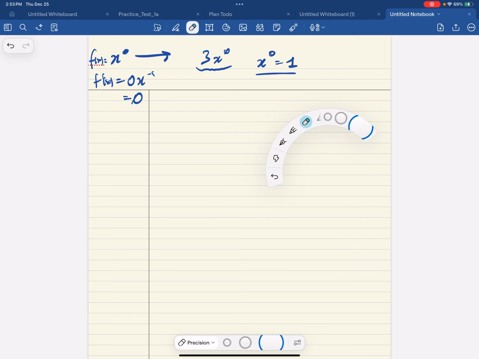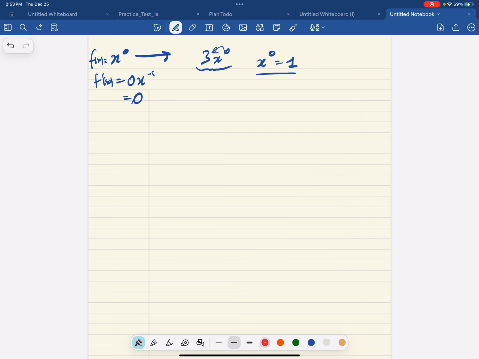So knowing that, the constant rule applies, because even if you apply the power rule to the constant, it just becomes 3 times 0x to the minus 1. So this only applies for things that are constants.